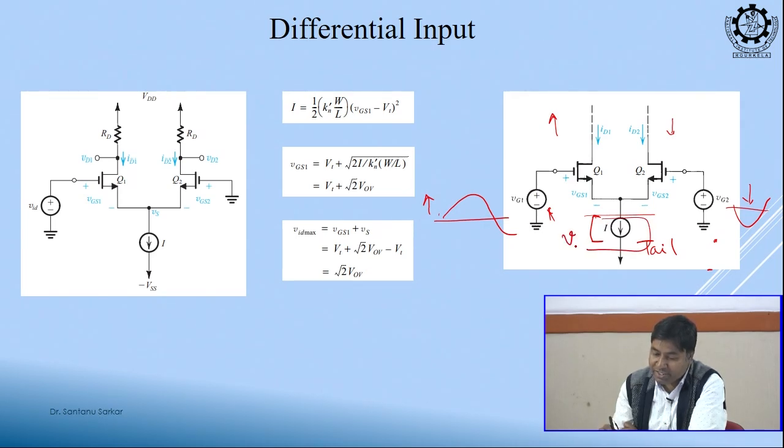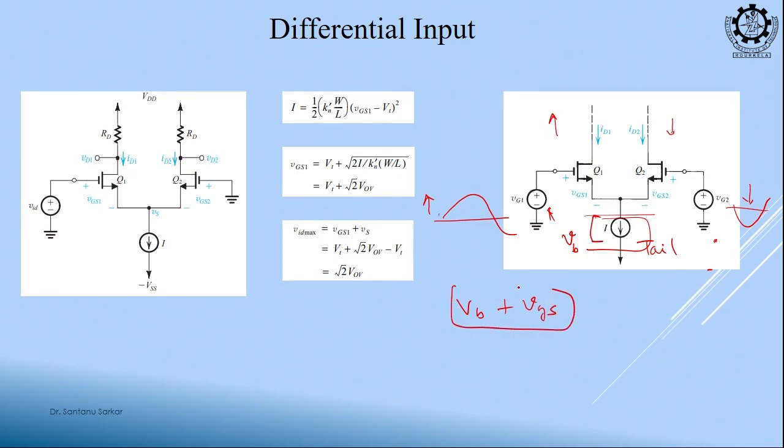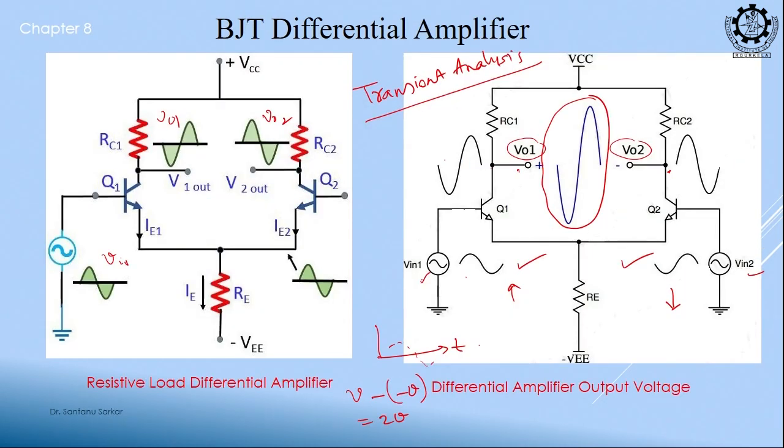Suppose this tail current source is taking a voltage of VB. So VB plus VGS, that much minimum DC at least I have to provide. For example, in this circuit, this current source is implemented by this resistance. So what is the drop? IE RE. So IE RE plus VB, that much voltage at least you have to provide. Do not think only VB; this VB is above this voltage. So this voltage also you have to provide, then only it will work.